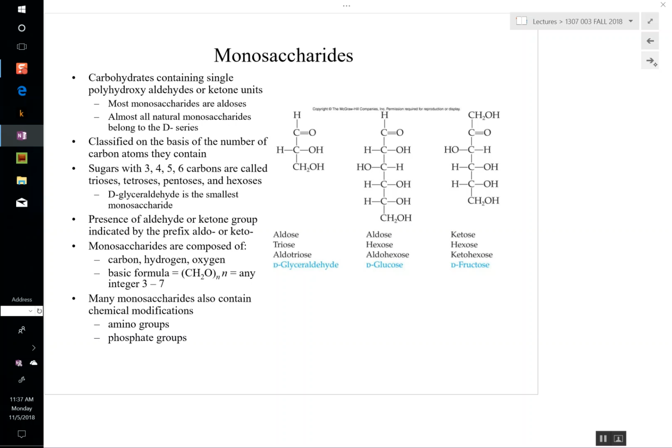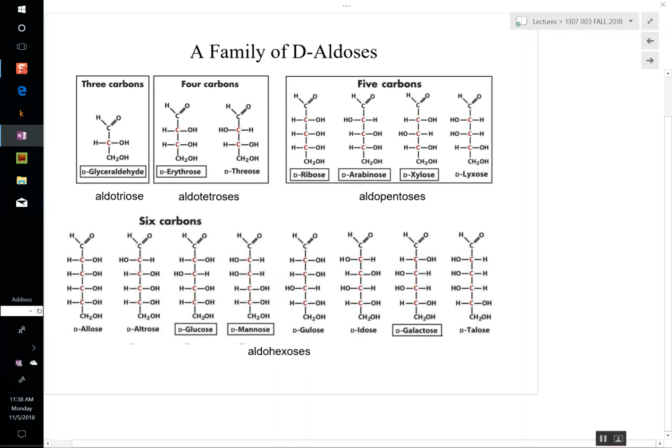Okay? So let's start looking. Here is, and I'm going to put an asterisk on here. Here's where you can figure out which ones I want you to memorize the structure of. All right, we've used that as our reference molecule, D-glyceraldehyde.